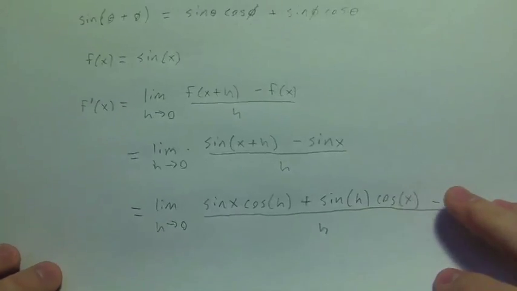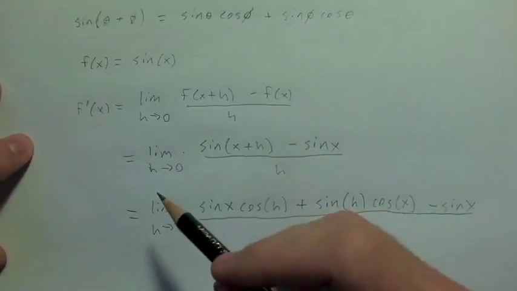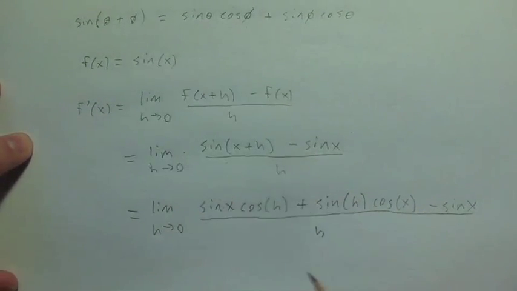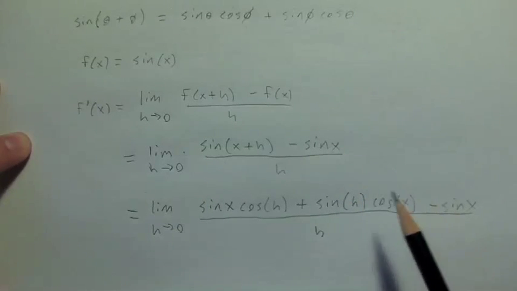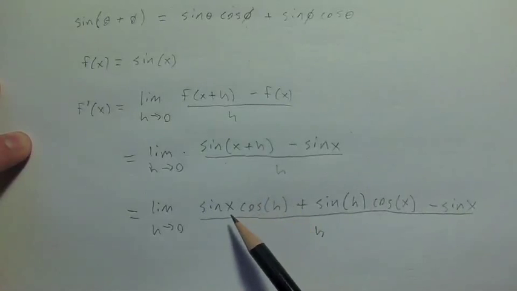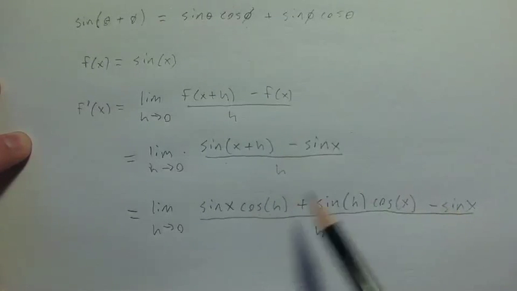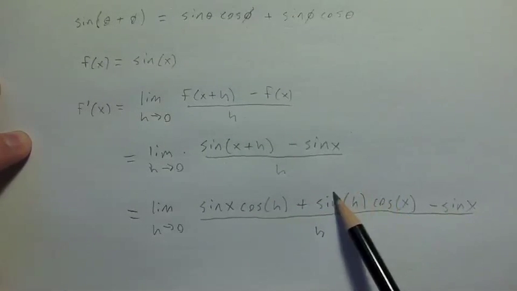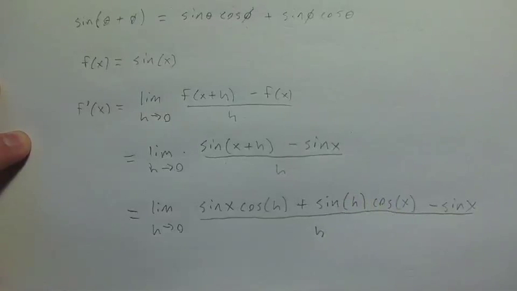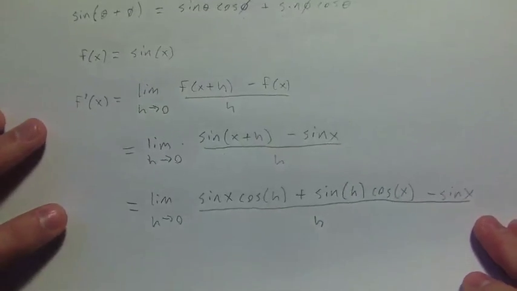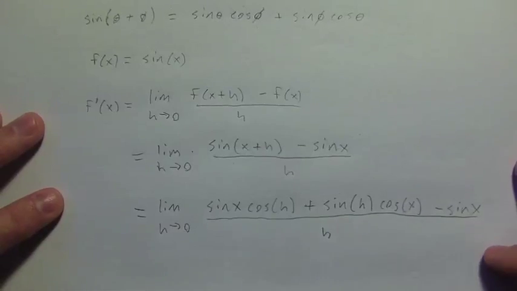So what we're going to do from here, you might think I just made things worse, but I'm actually going to join some pieces together. I have this sine x cosine h minus sine x, so I have two sine x pieces, and then I have this sine h cosine x piece. So let's move the pieces with sine x together.